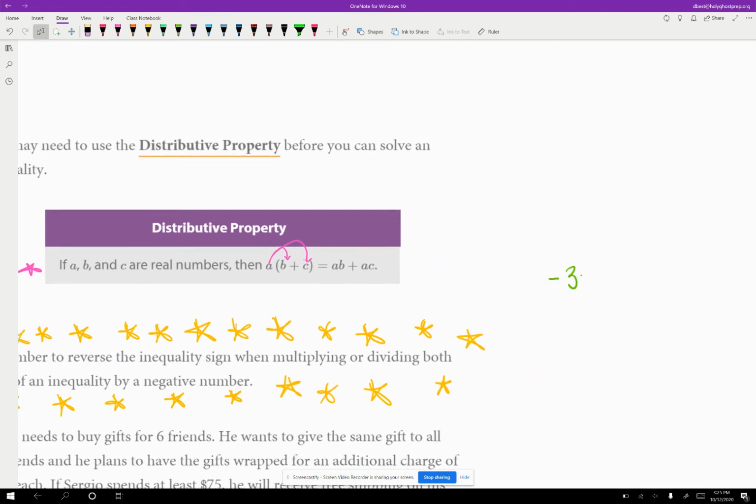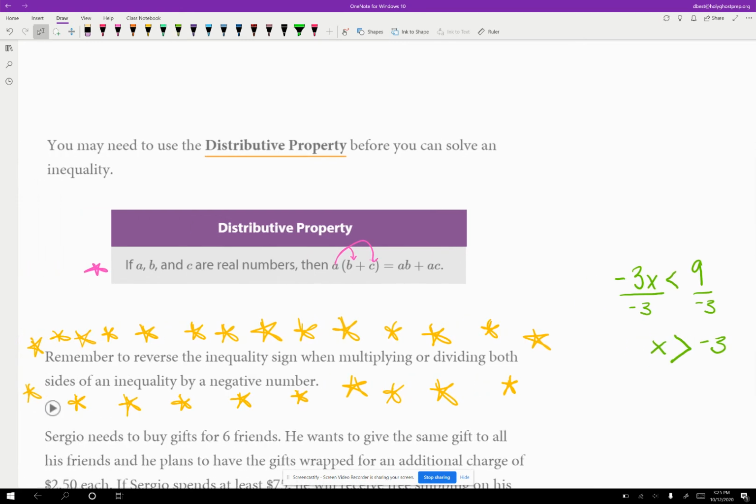Quick example, if we have -3x is less than 9, and you say we need to divide by -3, because you're dividing by a negative number, that inequality sign goes from less than and flips to a greater than. All right, so if you multiply or divide by a negative number, you are flipping the inequality sign. I better see how important you made this look in your notes when I check your notes next time you're in class.